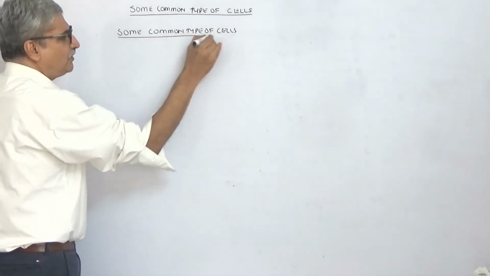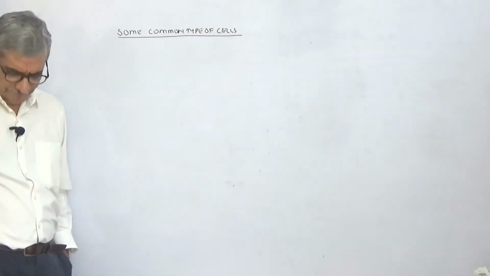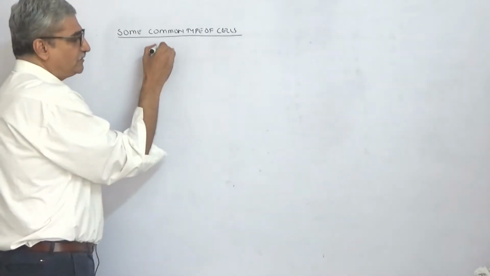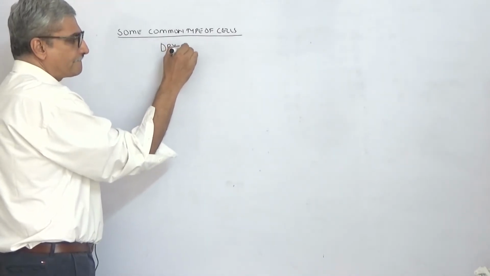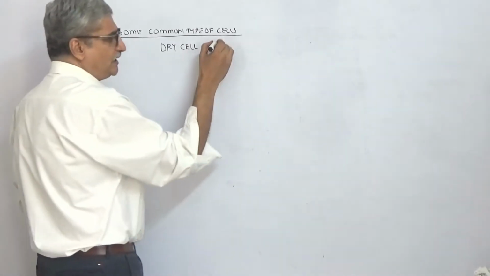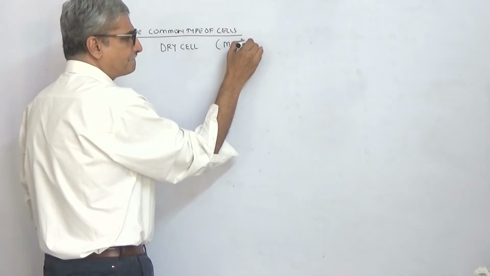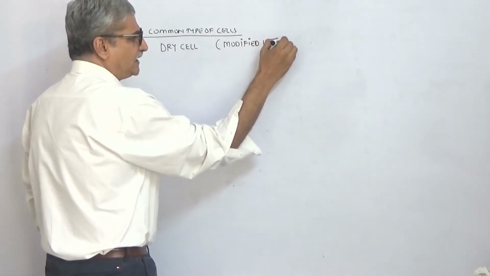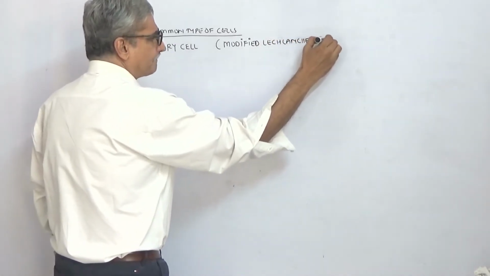So when you talk of some common type of cells, listen carefully. First we are talking about the dry cell. The dry cell is also called the modified Leclanché cell.